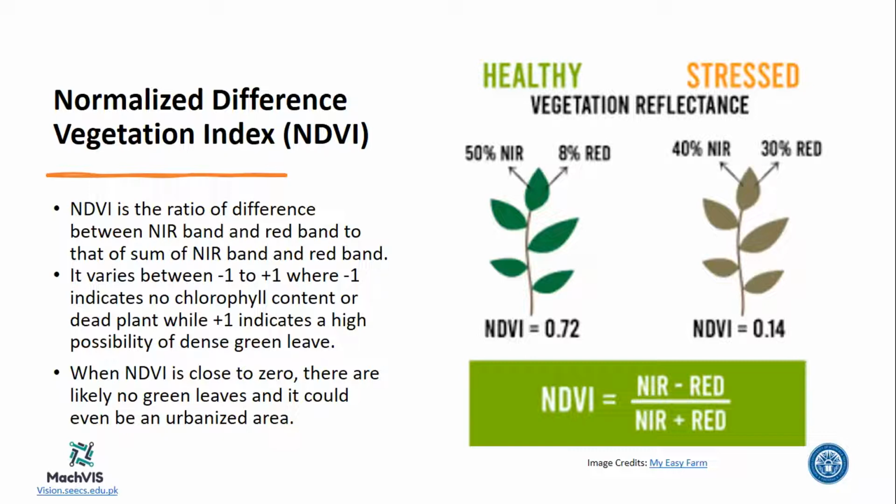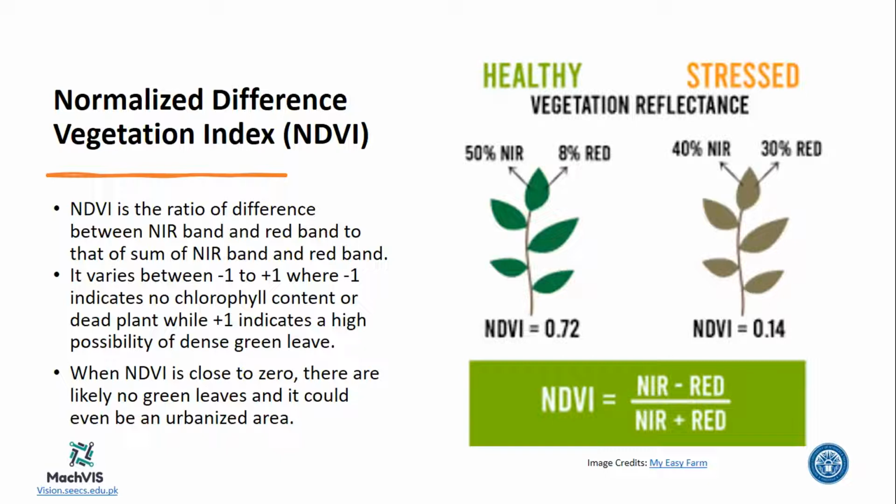Look at this picture. The value of NDVI is 0.72. The crop is healthy. Look at this picture. The value of NDVI is 0.14, very close to 0. The crop is under stress. This is the formula: NIR minus red over NIR plus red.